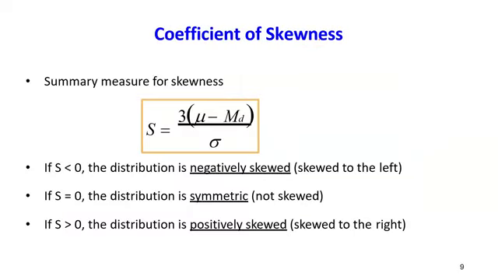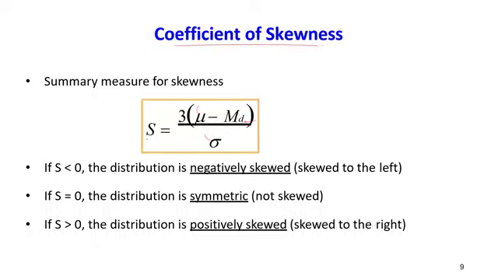So there is a coefficient of skewness. The coefficient of skewness is defined by this particular formula, where mu is mean, sigma is standard deviation, MD is median. You take this formula and then you can measure the skewness.